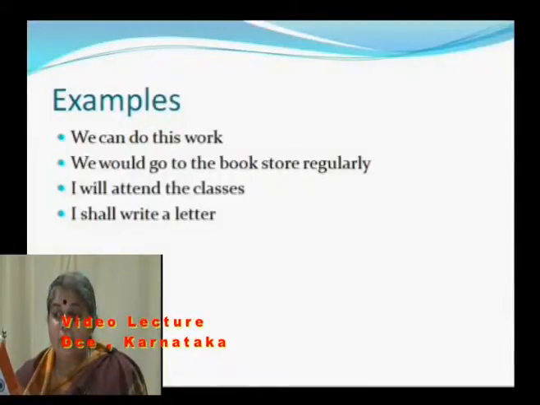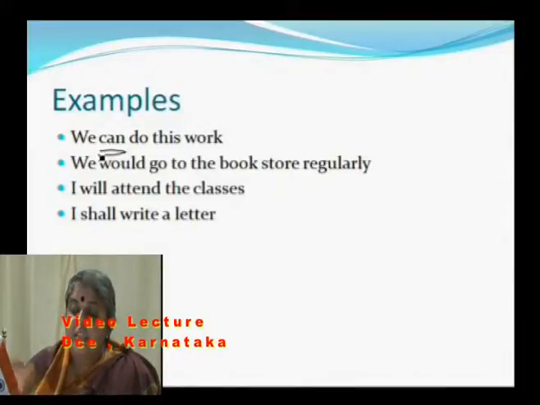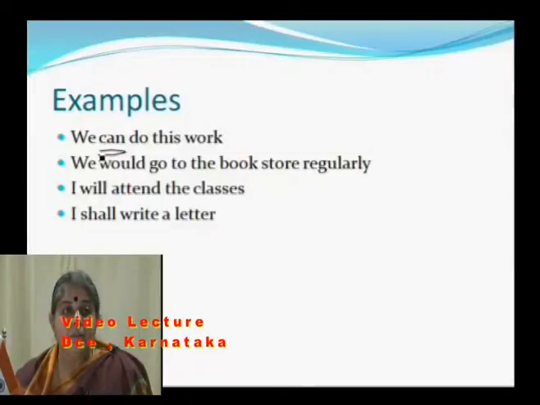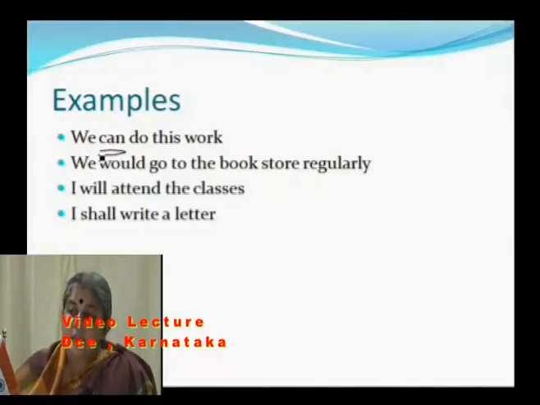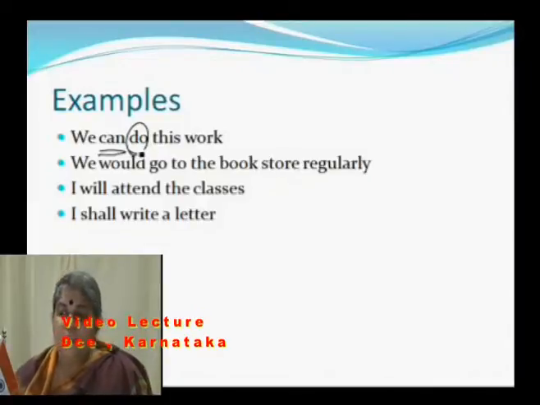We can do this work. Now, the word can is what? As I have told you a moment ago, it is a modal auxiliary. Now, this is followed by which word? Do. We can do this work.